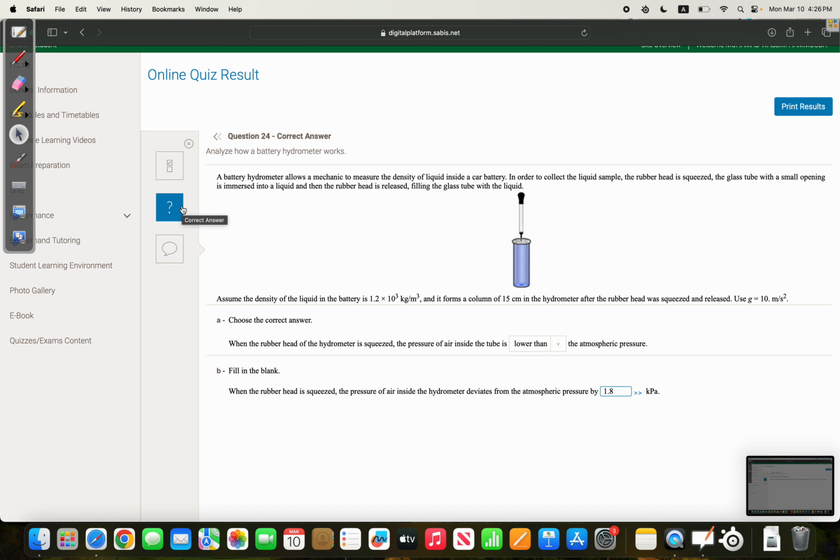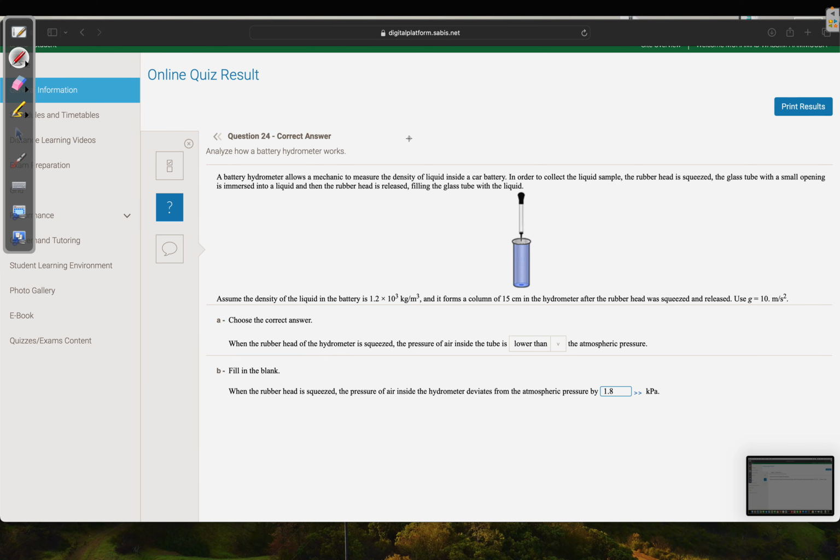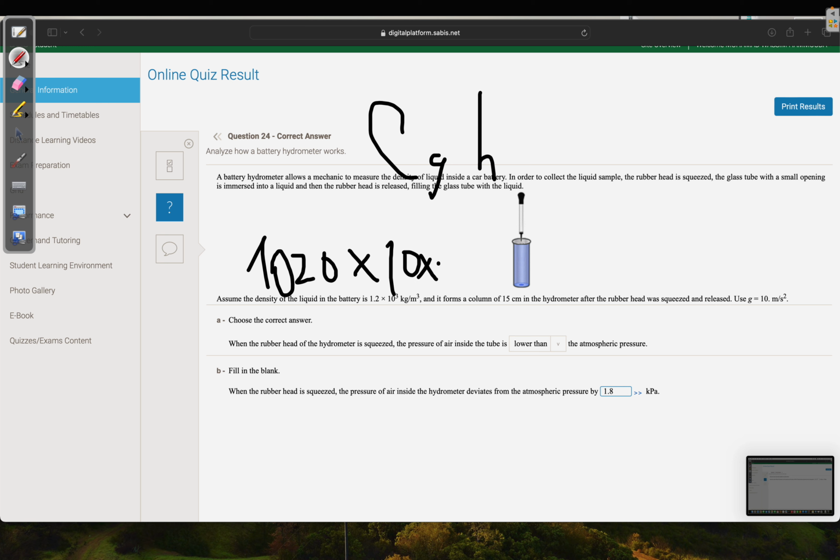When the rubber head is squeezed, the pressure of the air inside the hydrometer, since we know that the pressure in a liquid is rho gh, so we're gonna use 1020 times 10 times 0.15, because we have to convert 15 centimeters to meters.